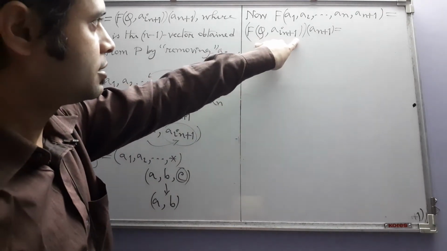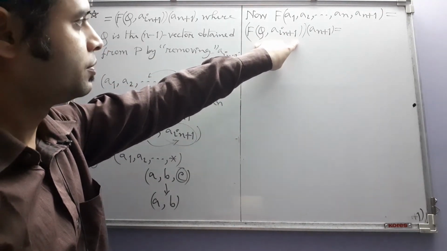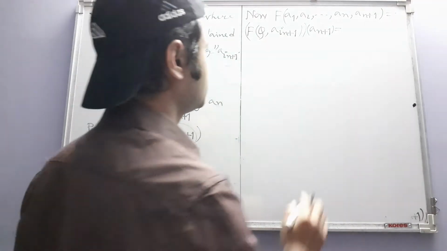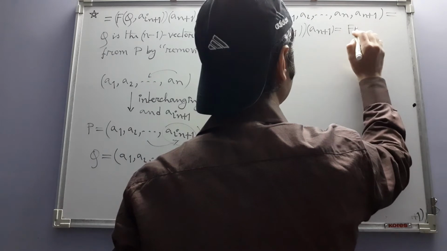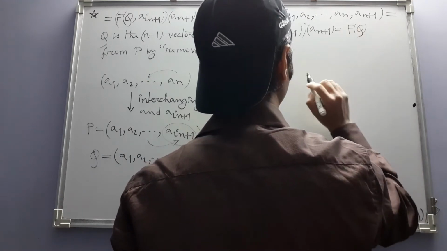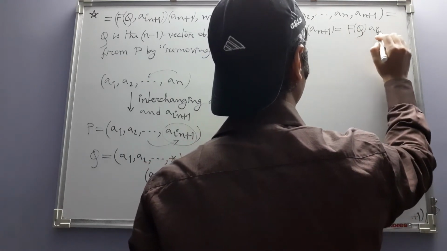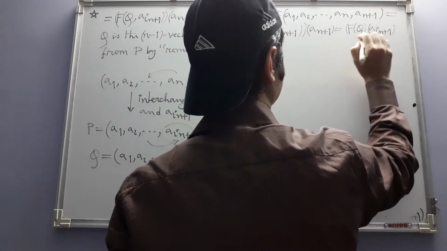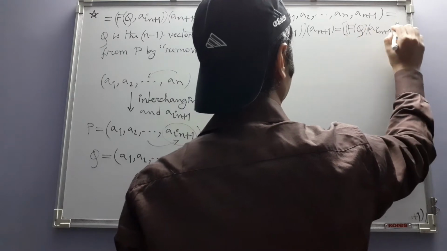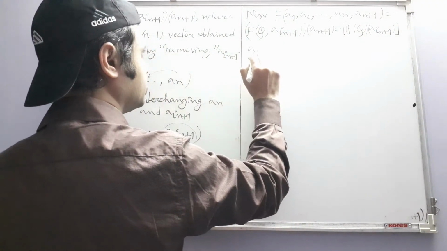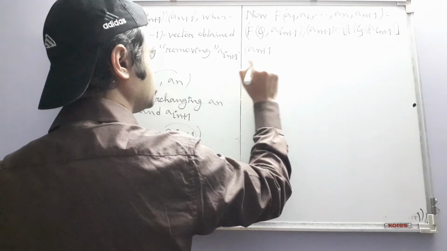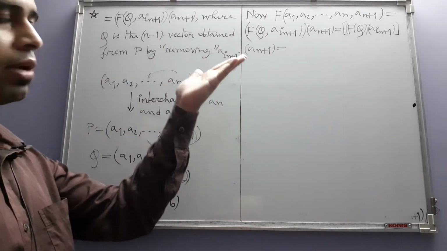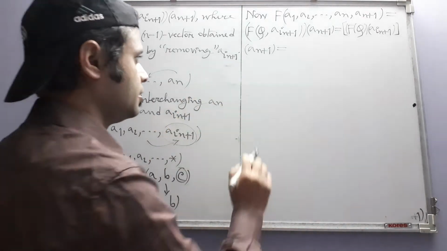Now inside this extension that you see, again by the very definition of this type of thing, is equal to the extension obtained by adjoining a_{i_{n+1}} to the field F_Q, and outside we have a_{n+1}. Now this final term is a situation like this.